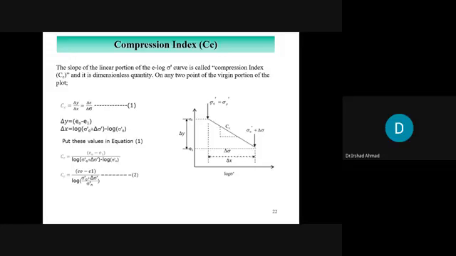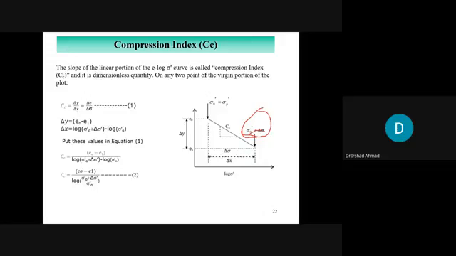So this is sigma naught prime and this is an additional stress delta sigma. So at this point 2, we have the stress sigma naught prime plus delta sigma. You know the slope is equal to delta y over delta x.